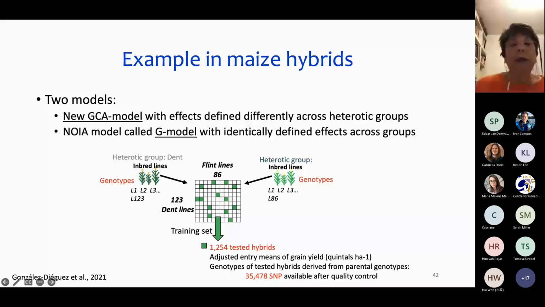And we used 2 models. The new GCA model, which is able to obtain estimates of the breeding values in the heterotic groups, and the second model was the no-GCA model, which here we call the G model. So in this case, we define exactly the effects across the groups.